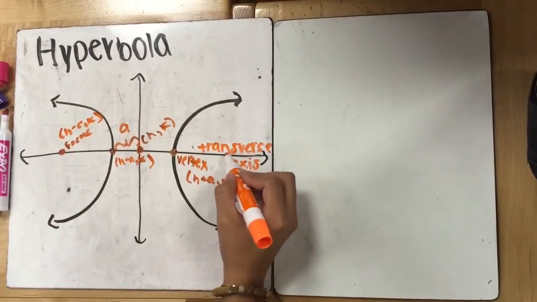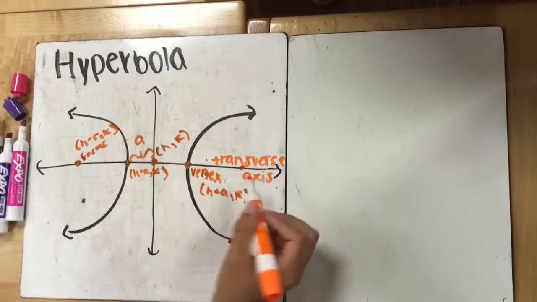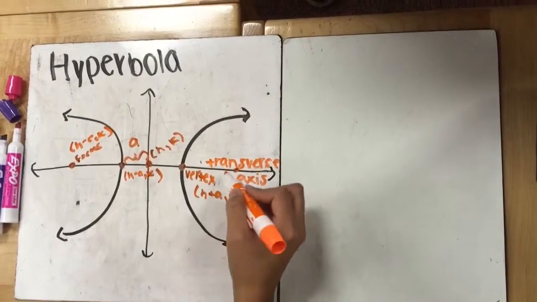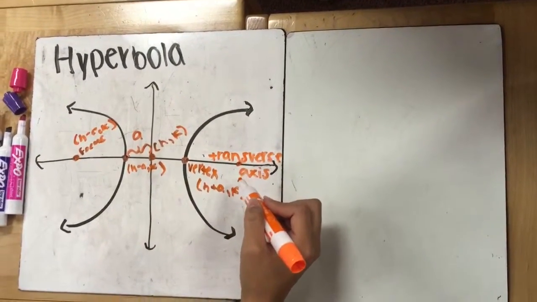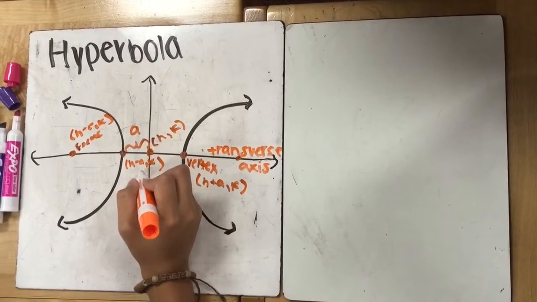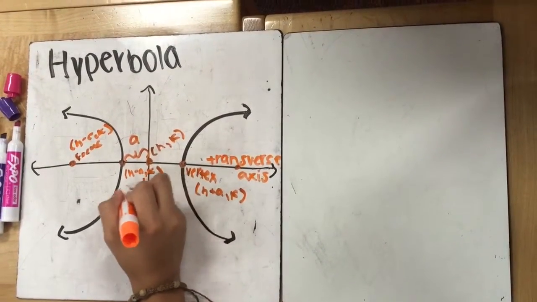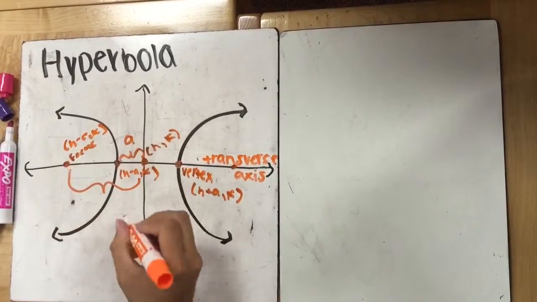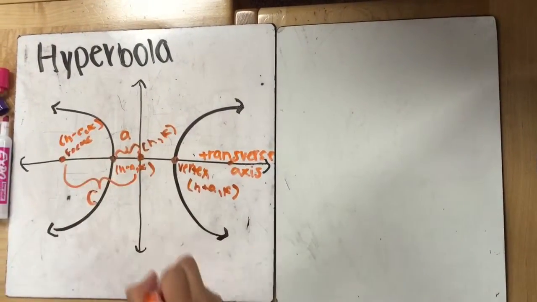On the right side, which would be over here, it's the same thing except it's h plus c, k. From your center to your focus, this is going to be known as c.